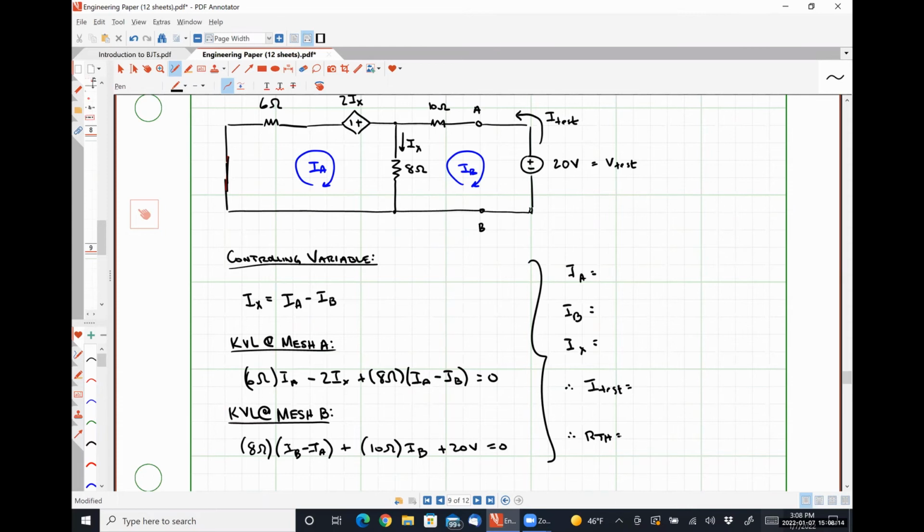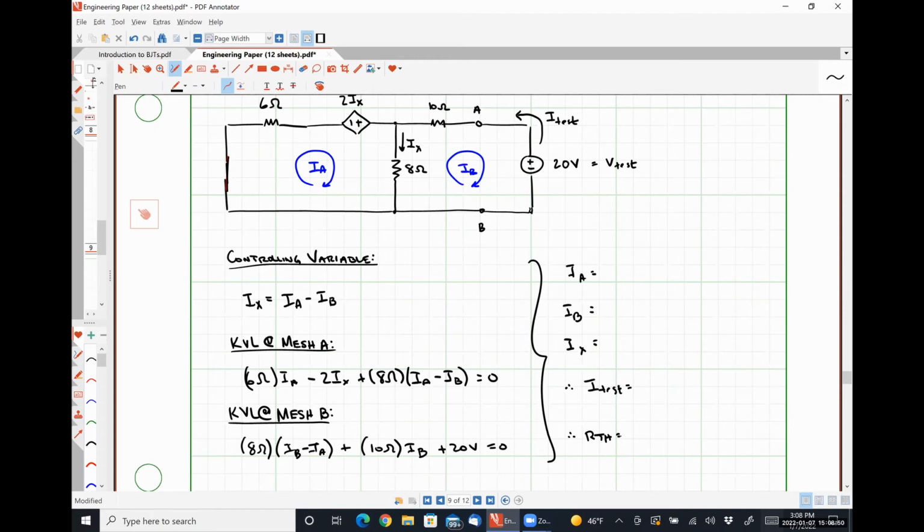So we have 1, -1, -1, 0. 6 plus 8 is 14. -8, -2 is equal to 0. And then we have -8, +18, 0, -20, I believe.